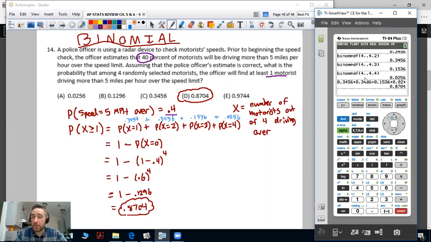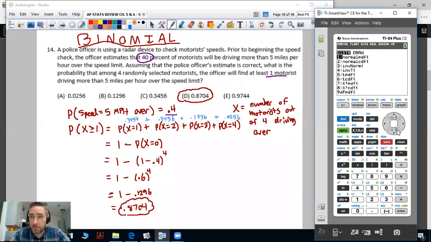You could also do a binomial CDF. The way binomial CDFs work is it always goes to the left. So if you have 4 trials, your probability is 0.4. If you put your X value as 0, then it's going to do the probability of it being just 0.